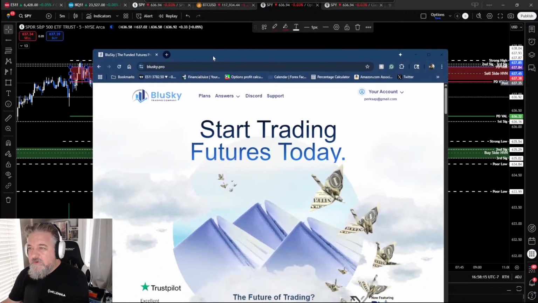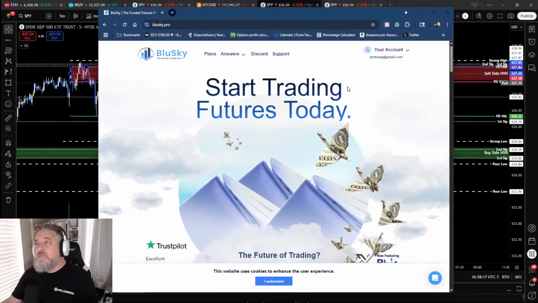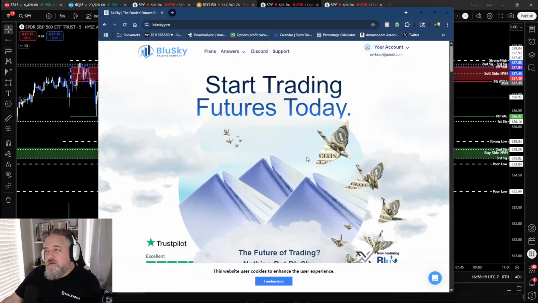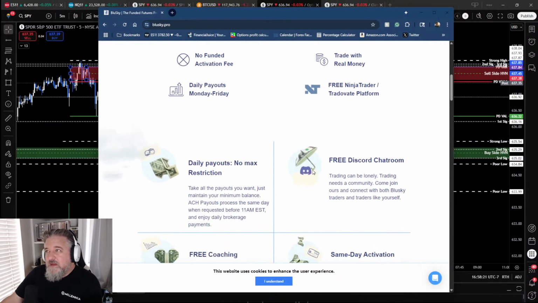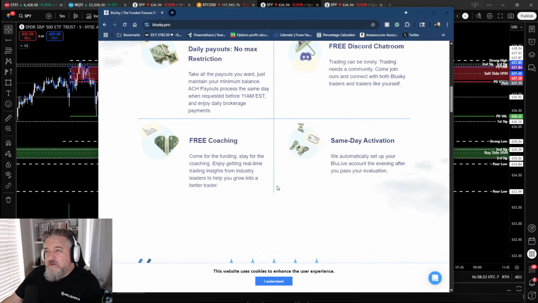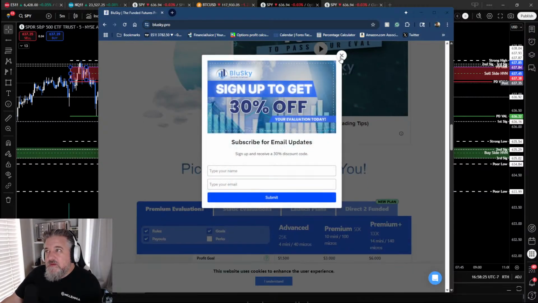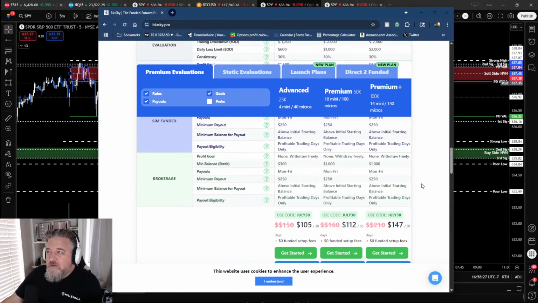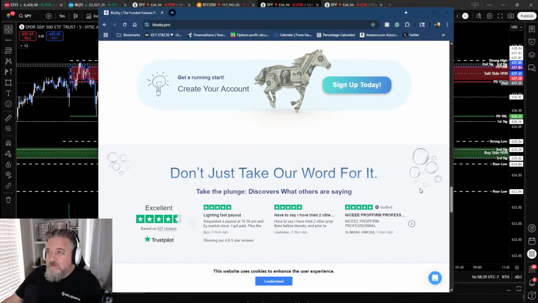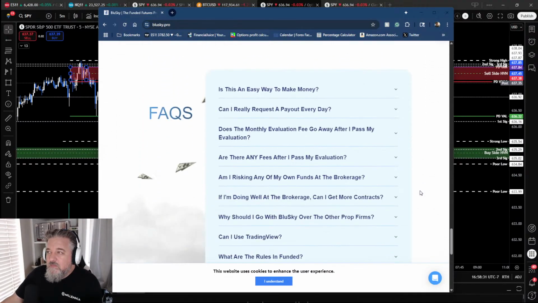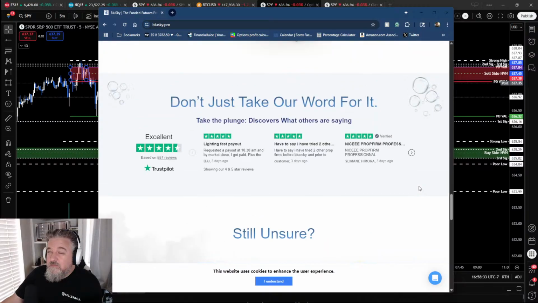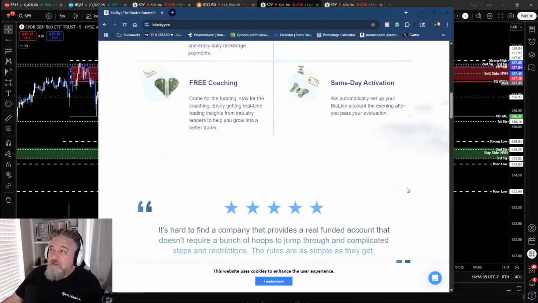So I went with this company. They offer Quantower, a Ninja Trader, but I had to pay for my indicators on Quantower. It's not free like it was with, what's it called, with Top Step.